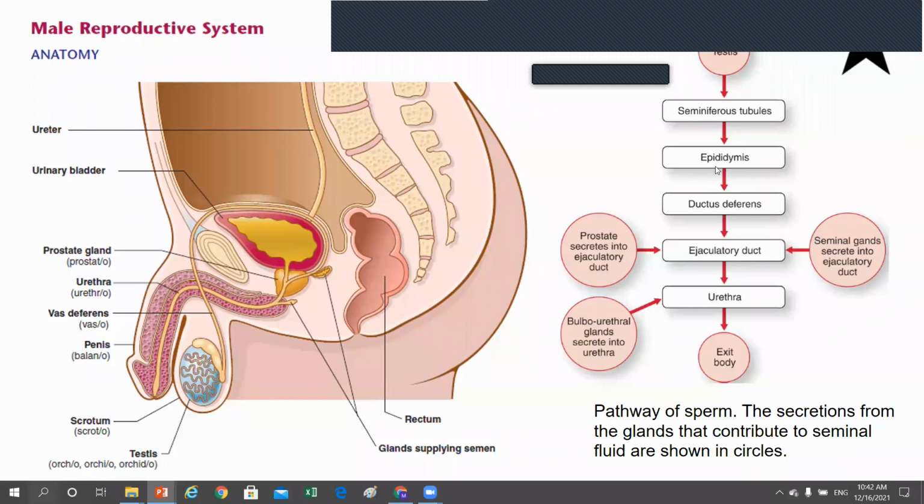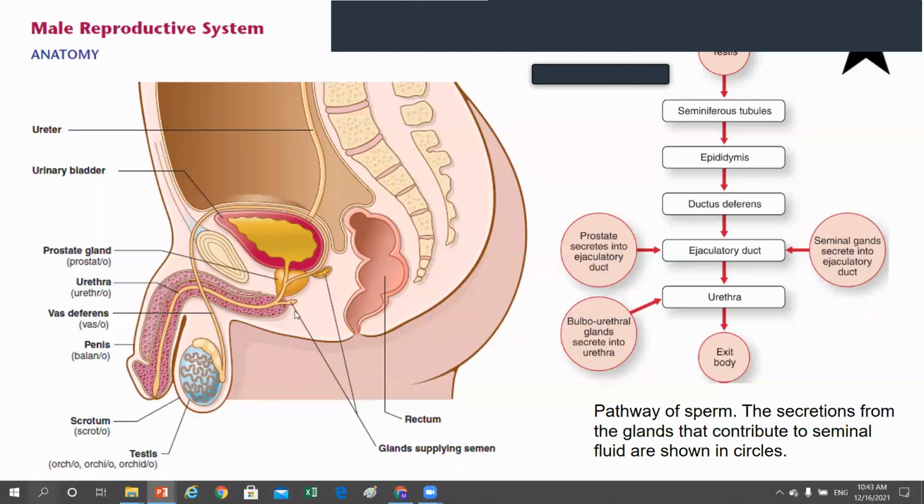It will travel through epididymis, ductus deferens, and the ejaculatory duct. Here it will get some secretion from the prostate, the bulbourethral gland in the urethra, and the seminal glands, the seminal vesicle. So this is the pathway of the sperm.